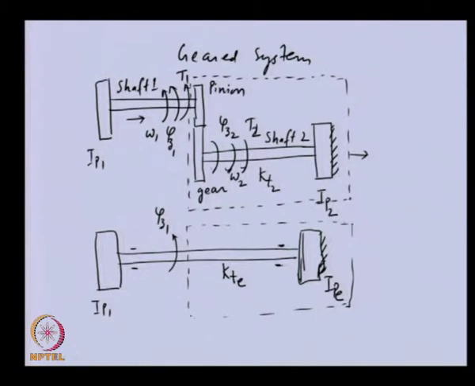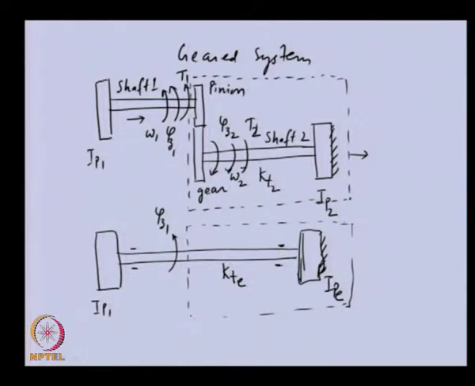So, if we want to equate the strain energy in these two systems for a particular input, let us say we give a twist of phi Z1 to this particular pinion in both systems, and we try to find the strain energy in both.